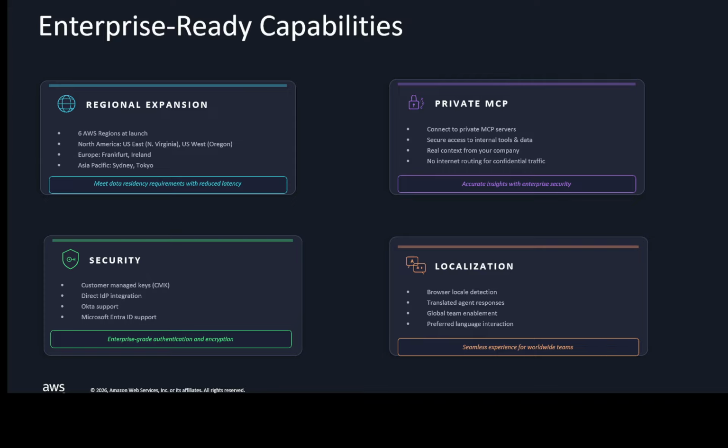It has direct IDP integration, so your web app can be accessed through SAML or your own IDP solutions, with Okta support and Entra support. The security is there in terms of authentication and authorization. Localization: browser locale detection, translated agent responses, global team enablement, and preferred-language interaction. It allows you to select a specific language to communicate in, and it has almost 12 to 15 languages supported, I believe.